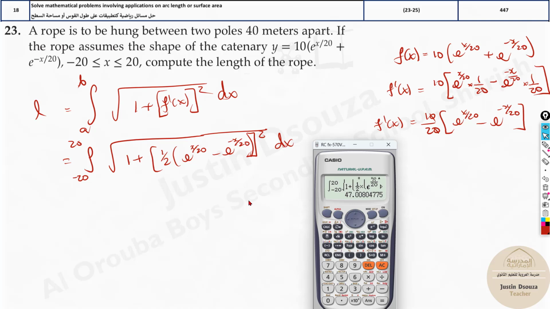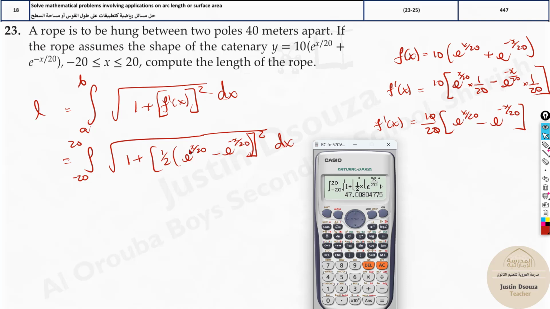And press equal to, that is the answer. You can even try doing this by the formula method, but it's just going to take a long time. Just use the calculator. It saves a lot of time. As long as you have written the derivations properly, the formulas properly, and the substitution properly, it's more than enough. You can try even squaring this, simplifying it, and then using the calculator. Maybe 1 or 2 steps.